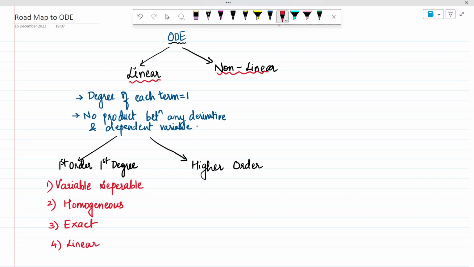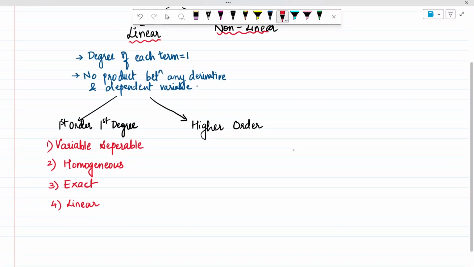Also, we had some special cases which are non-linear but can be converted, non-homogeneous also to be converted to homogeneous. Of course all of them have subtypes, but I'm taking only the main ones here. Then Bernoulli's. These are all your methods for first order, first degree. Fine. Now, the next here is higher order.